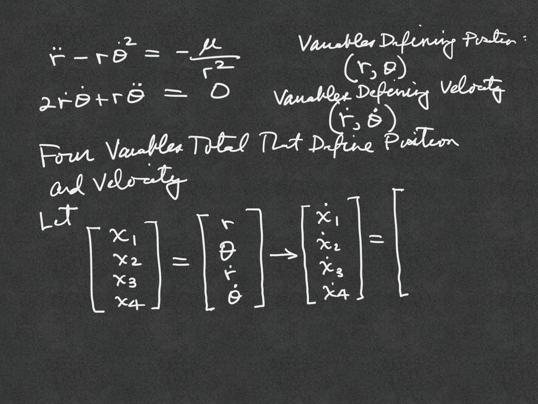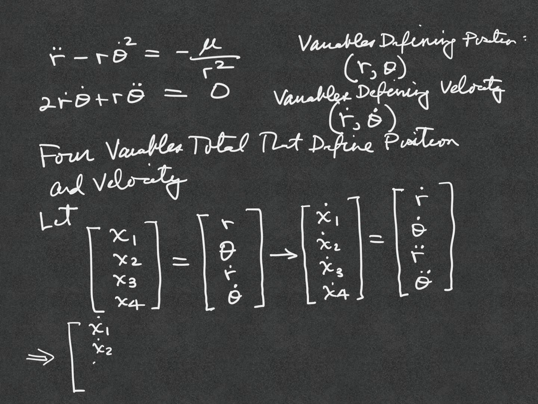So I know that x1 dot has to equal r dot, and I know that x2 dot has to equal theta dot, and x3 dot has to equal r double dot, and x4 dot has to equal theta double dot. But if I look at this, you'll see that if I write this down, x1 dot, x2 dot, x3 dot, and x4 dot, this is equal to, well, I know that x1 dot is equal to r dot, but r dot is equal to x3.